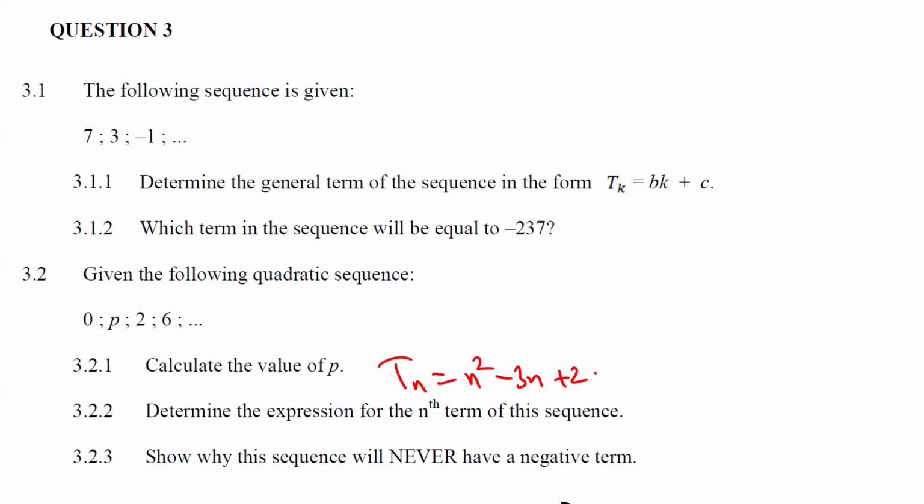I might be wrong, but I think we try and figure out the sum to infinity. Obviously, the sum to infinity is done for geometric patterns. But to show why this sequence will never have a negative term, because this one is quadratic, we must deal with the minimum value, because this is like a parabola that has a minimum vertex.